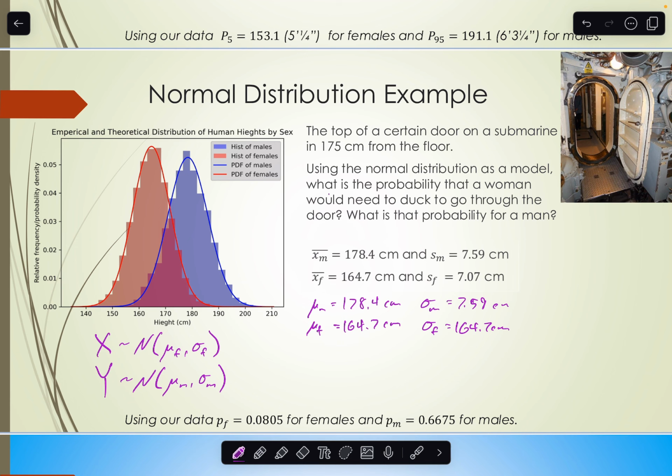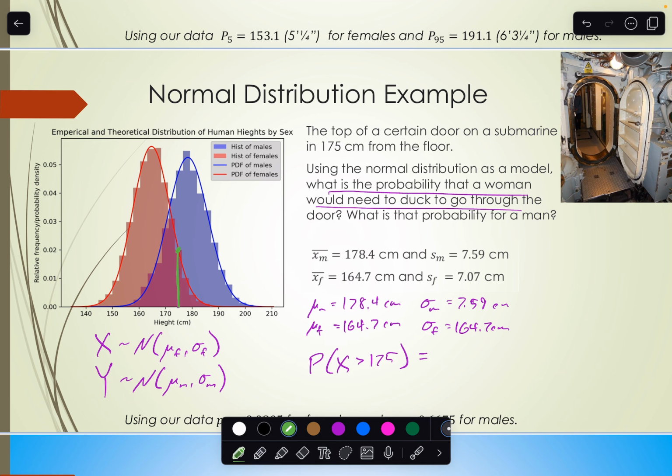And so this first question here, what is the probability that a female would need to duck going through the door? That is the probability that X, the height of the randomly selected female, is strictly bigger than 175 centimeters.